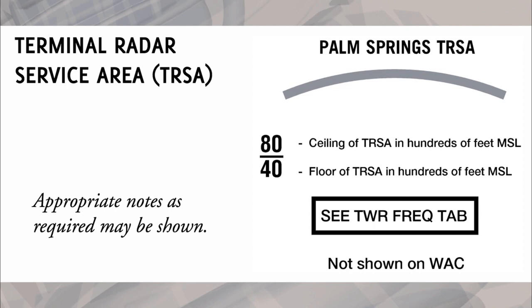What's important is they look the same as a Class Charlie or Bravo. They're a thick gray line, though, and they're usually just one gray thick line outside of a Class Delta. A broken blue dash line will be in the middle of these usually.